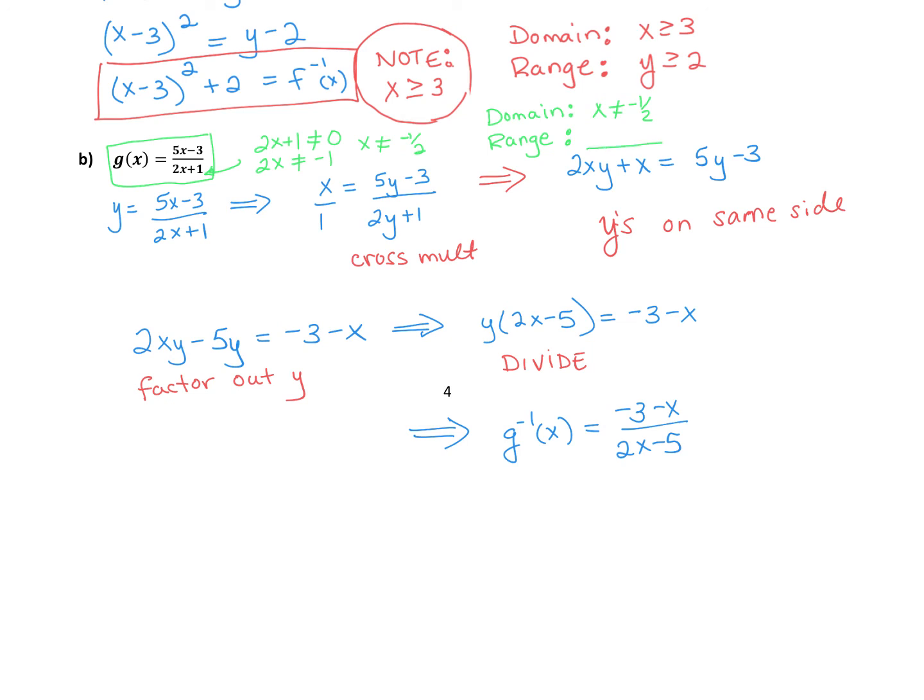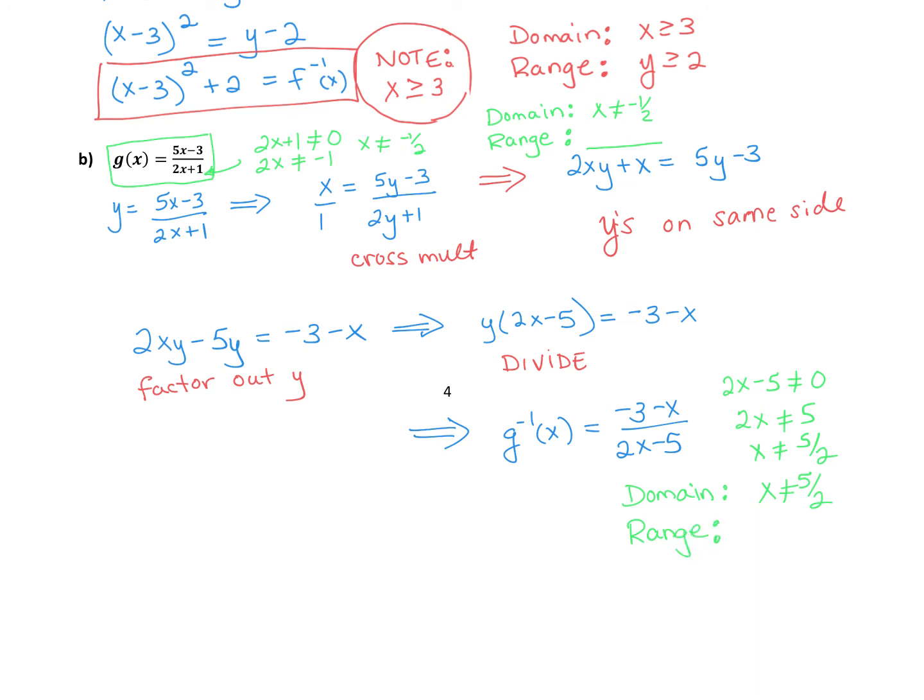When we look at g inverse, we notice that 2x minus 5 cannot be 0. So 2x cannot be 5, and x cannot be 5/2. So for this, the domain is x cannot equal 5/2. And again, the range may not be as obvious.